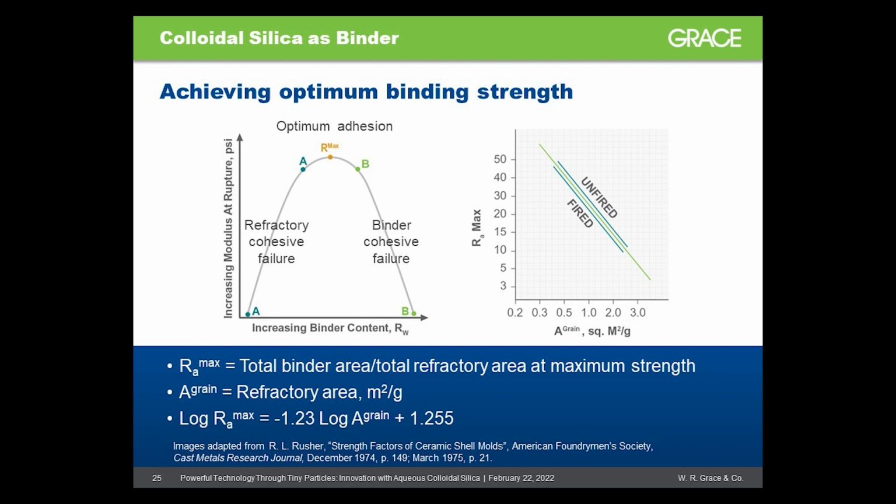Further, Rusher experimentally identified the ratio of these areas at the optimum strength for a variety of systems, and then found that there was a linear empirical relation between the areal ratio at maximum strength and the refractory surface area. This expression can be used as a starting point to estimate the binder concentration for maximum ceramic strength for any given ceramic in other applications as well, given the surface areas of the binder particles and refractory material.